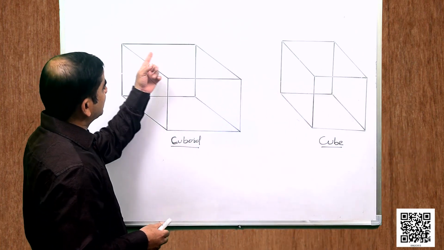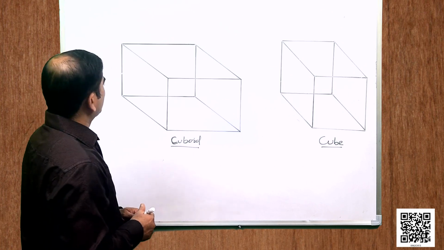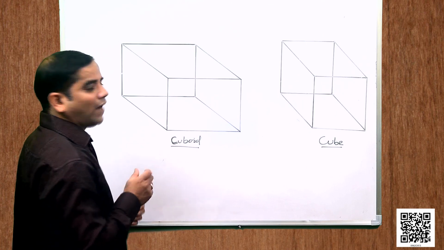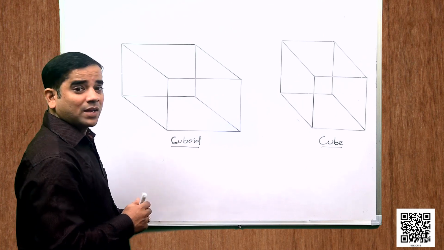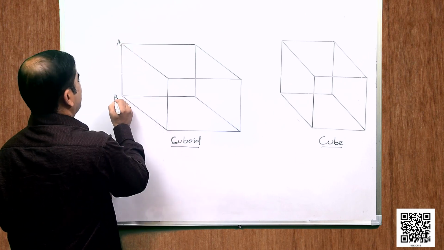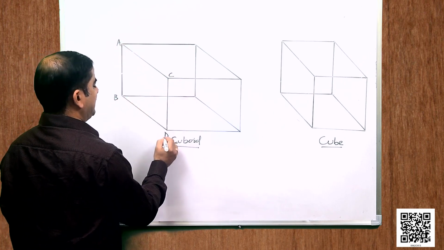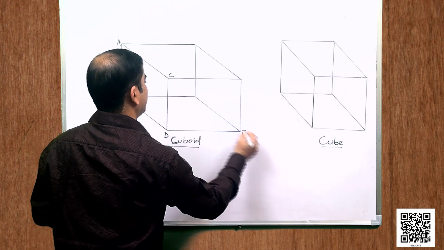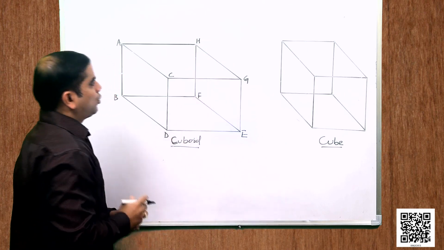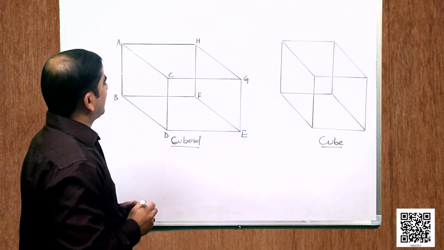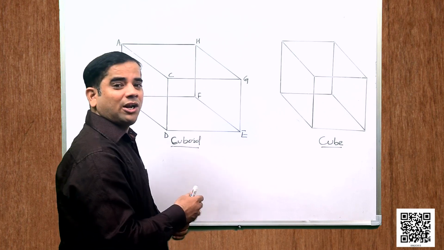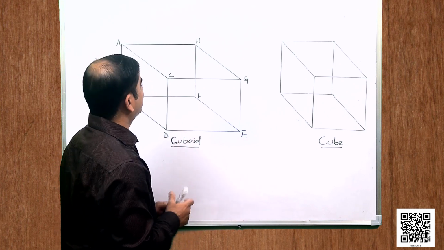we have 6 surfaces. Let us name the vertices of this cuboid and find out what the surfaces are. So A, B, C, D, E, F, G, H. After naming all the vertices, let us find out which rectangles are there in this cuboid.